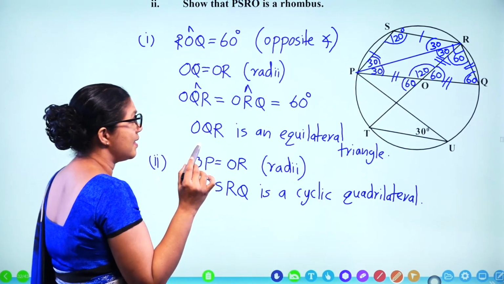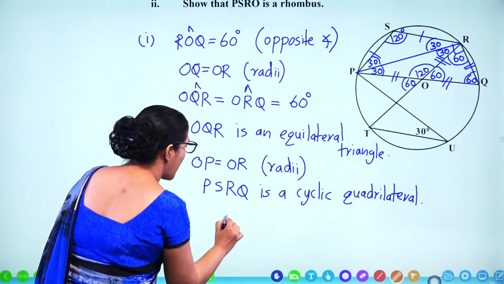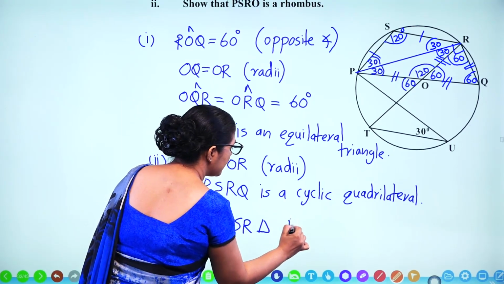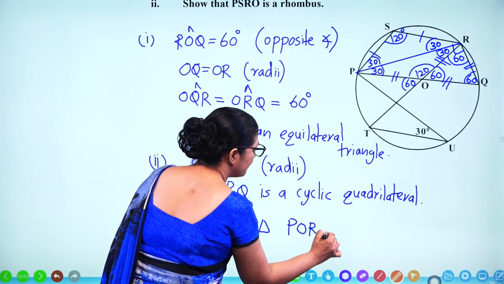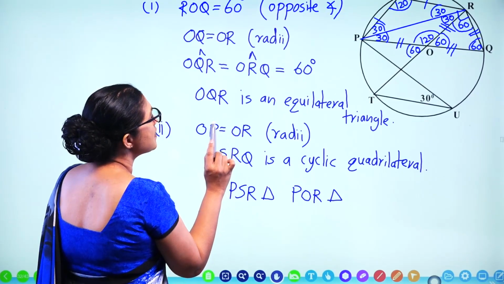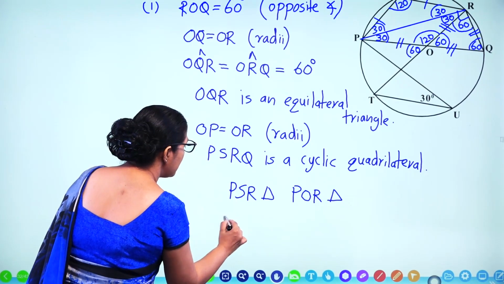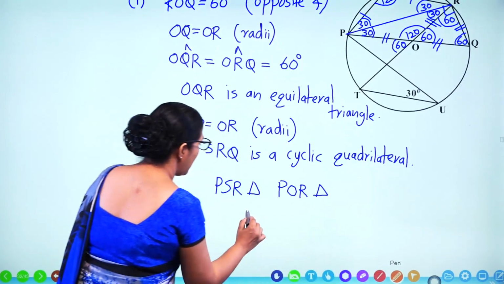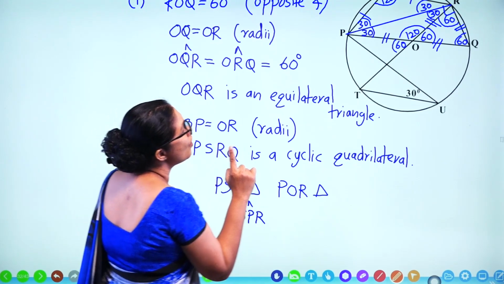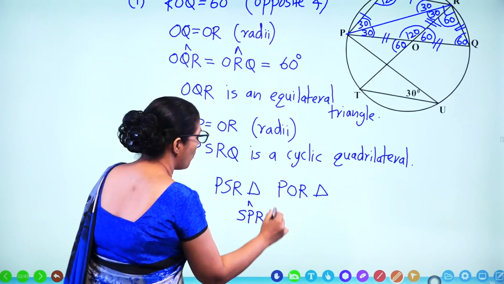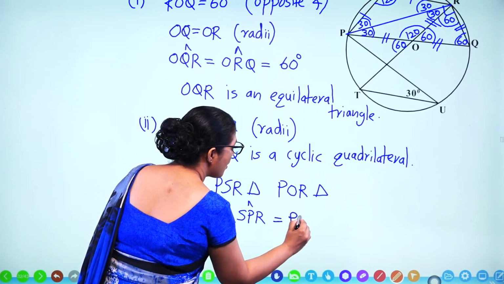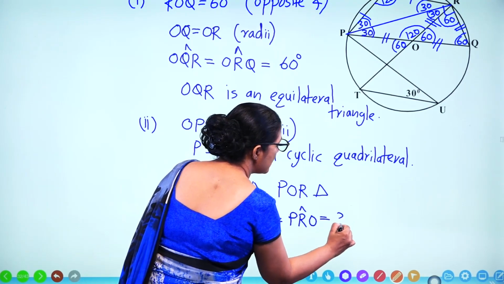Now we can say PSR triangle and POR triangle. SPR angle is 30, and also we can see PRO angle, that's also 30.